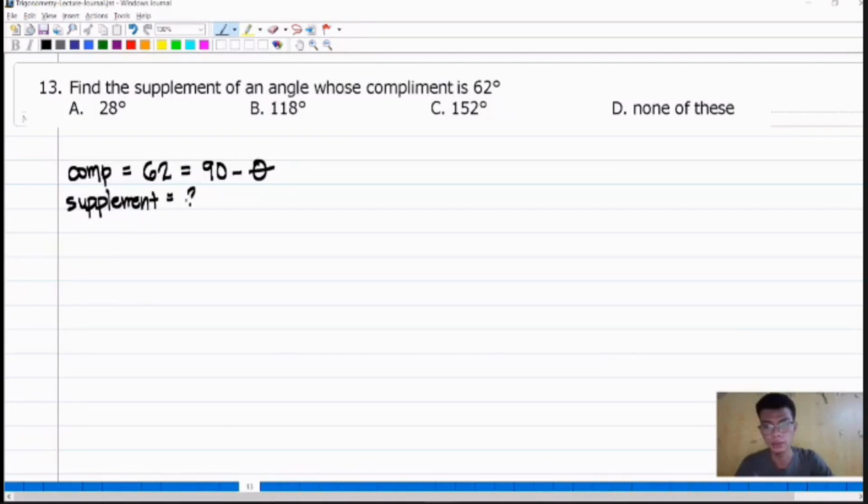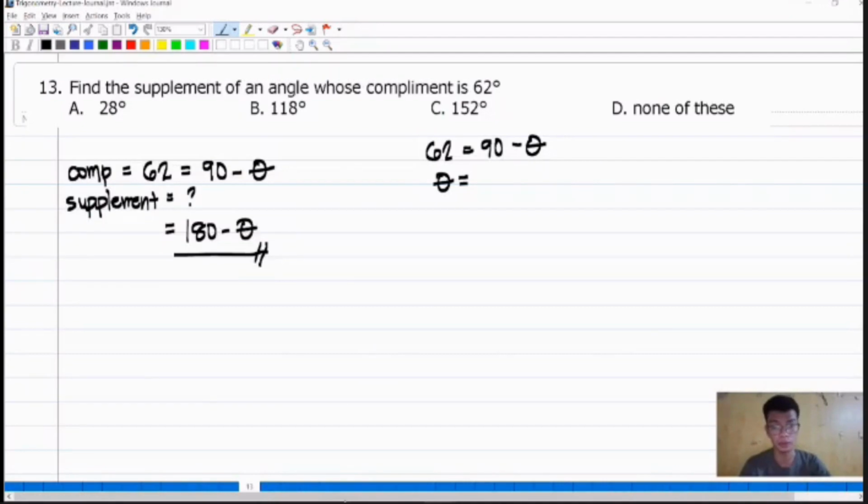So what is the supplement of the angle? And meron tayong formula ng supplement ng angle, 180 minus theta. So wag natin kakalimutan ito. So from the equation of the complement, 62 is equal to 90 minus theta. Malalaman natin that the angle theta is equal to 90 minus 62. And kung hindi ako nagkakamali, that is 28.